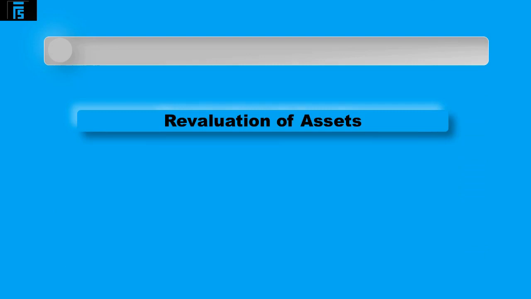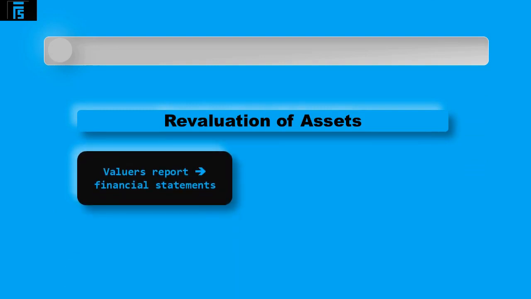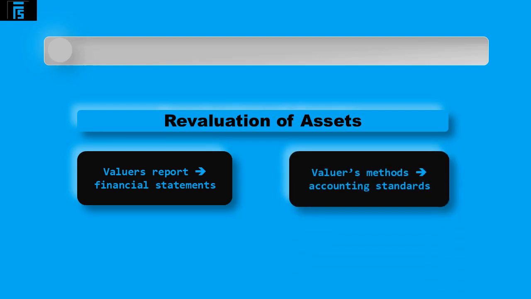The revaluation of assets must be carefully reviewed. Some ideas for procedures would be to inspect the valuer's report and agree the amount concluded by them with what has been recorded in the financial statements, and review the methods used by the valuer described in their report and ensure they agree with what is required by the accounting standards for revaluations.